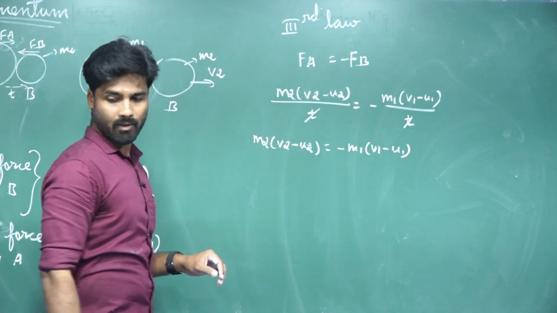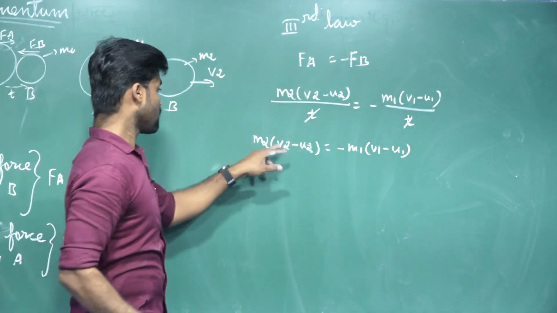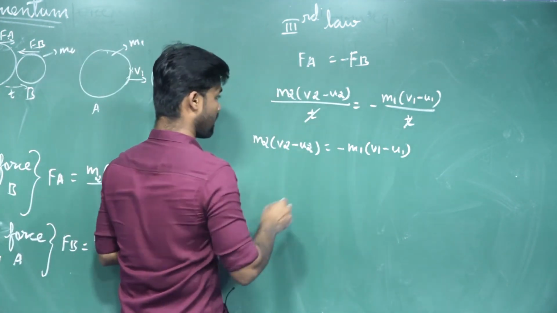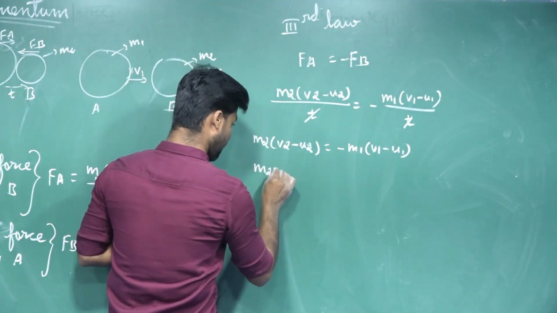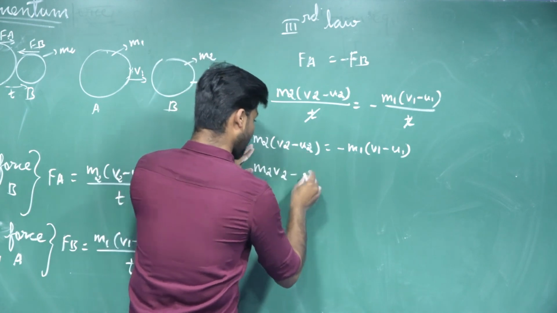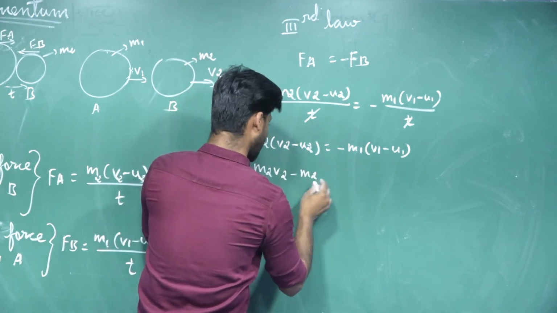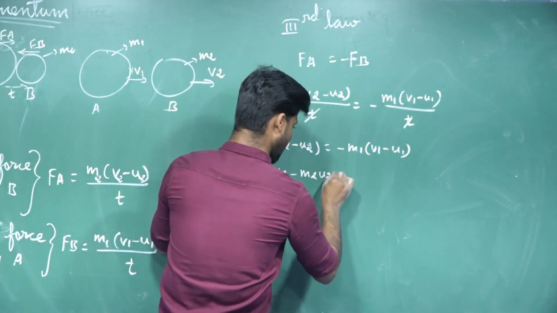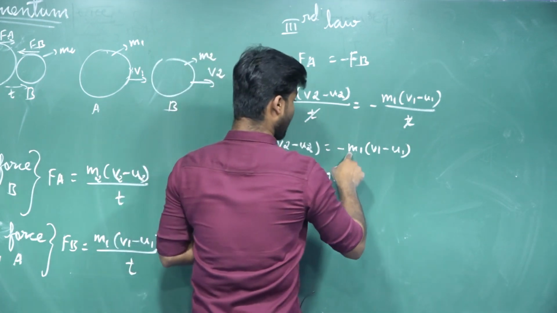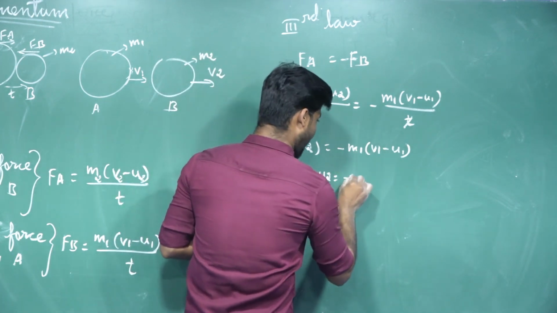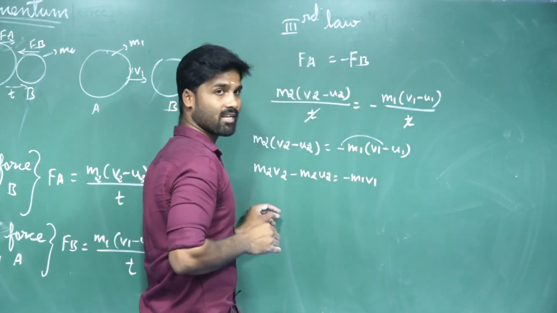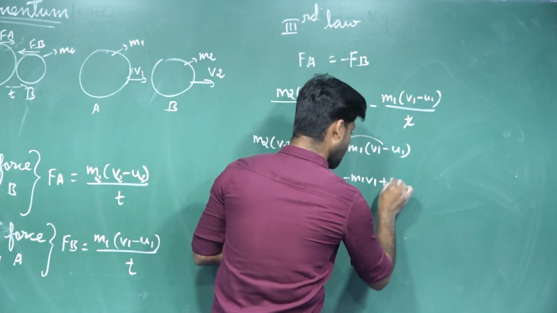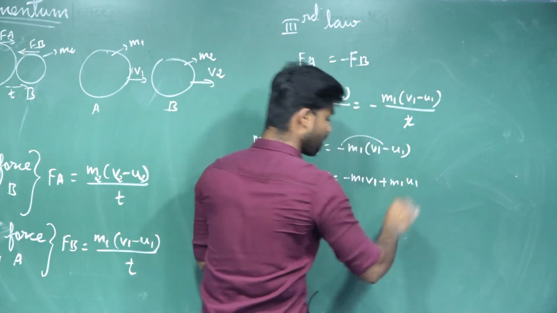Multiply M2 with the values inside, and M1 with its values. So M2 V2 minus M2 U2, and minus M1 V1, and minus into minus gives plus, so plus M1 U1.